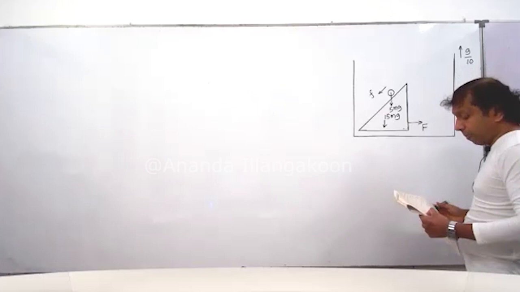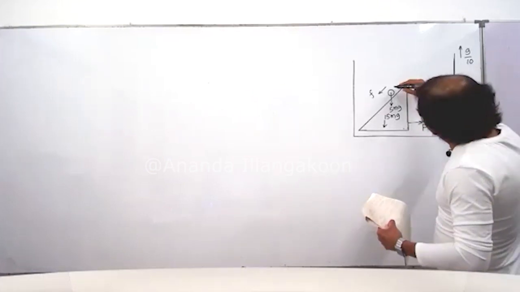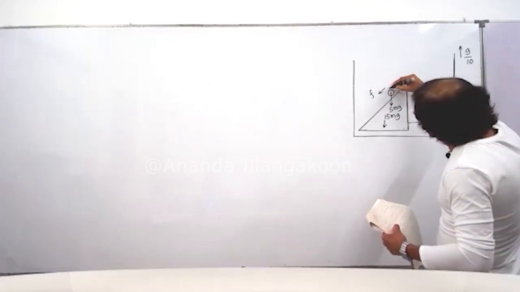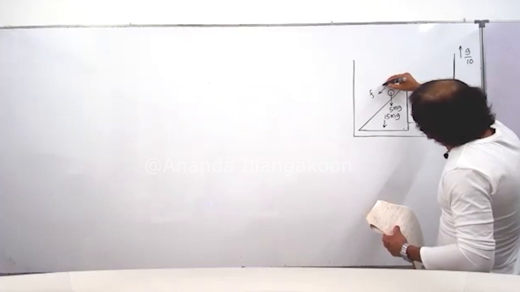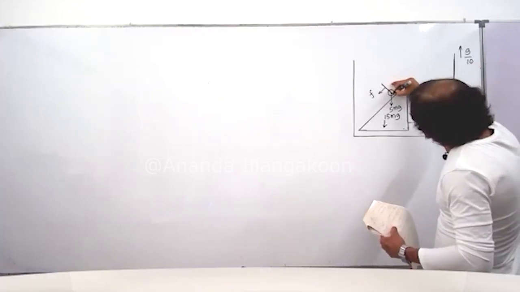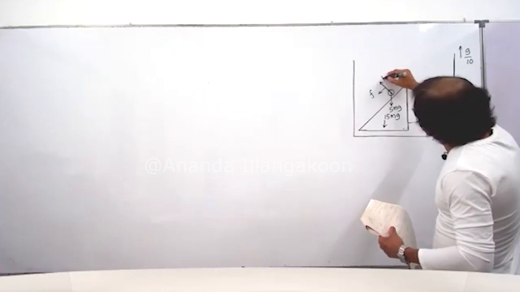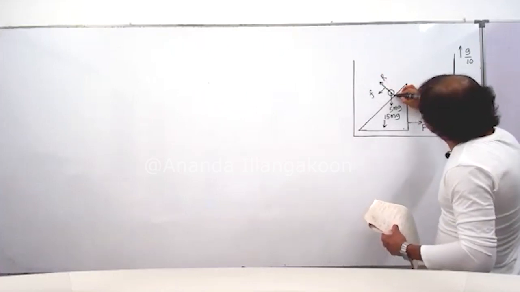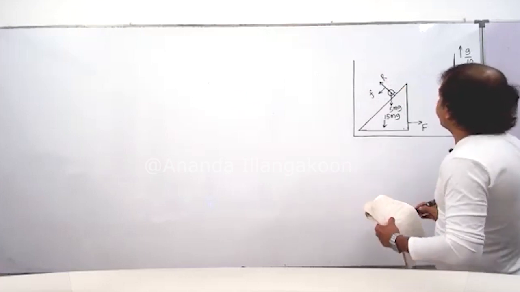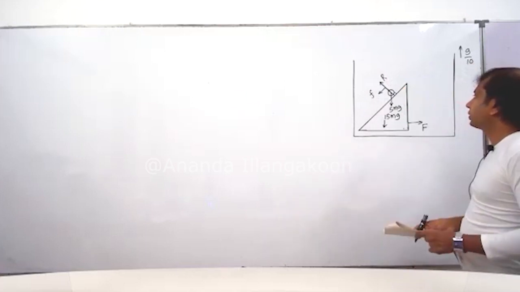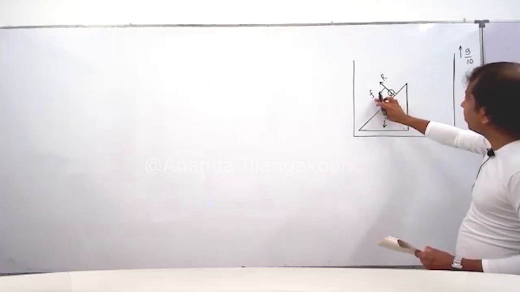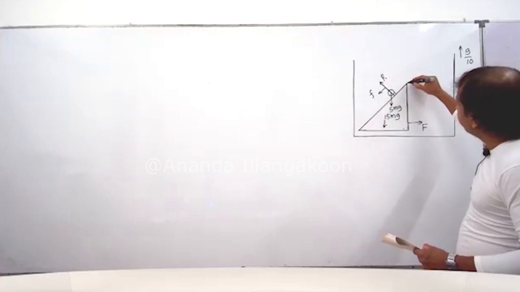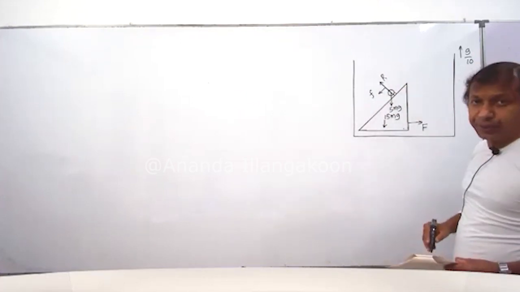Okay. Now we are asking for the normal reaction between the wedge and the particle. This is the wedge and the particle. I took the simple f as the acceleration of the particle relative to the wedge.